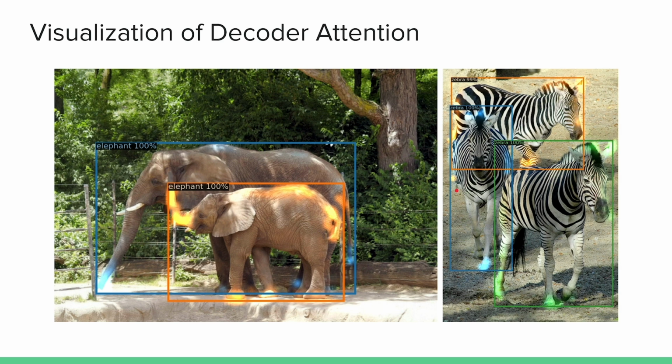It could also belong to that blue zebra, but the network understood, okay, well, zebras don't look like this, that they have a small leg very far in the back here, but it actually belongs to that zebra. So I think that's a really interesting way of visualizing the attention that these layers learn and understanding whether your model is doing something meaningful or not.